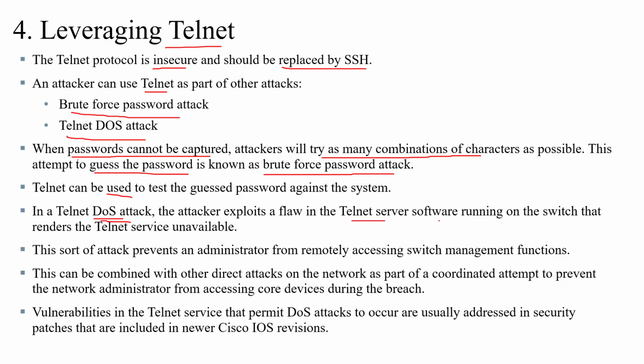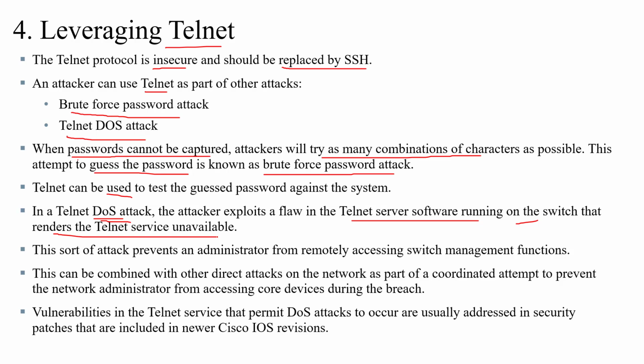The telnet server software is running on the switch, and it will become unavailable to others. So I take command prompt 1, command prompt 2, command prompt 3, command prompt 4 in my machine, and connect with your machine. So five command prompts are connected with your switch, which means five connections are already connected. If a sixth person comes, he cannot connect. So this is a denial of service attack.